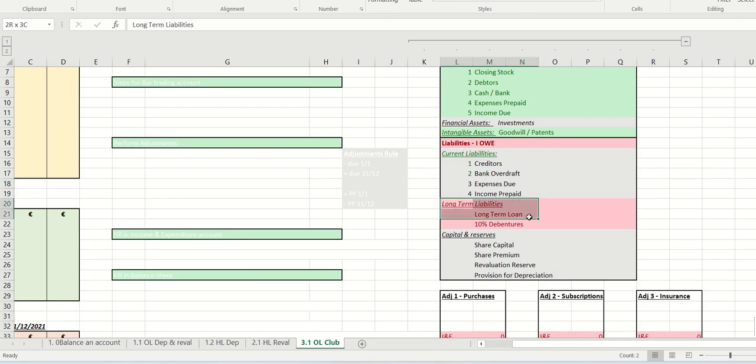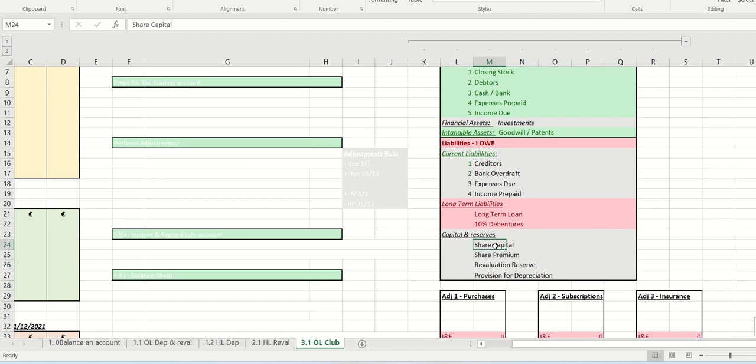Long-term liabilities, things that I owe, but I'm going to pay them back in more than 1 year. So a long-term loan or a debenture, which is also a loan, a fixed interest loan. So they would be our 2 long-term liabilities. Then capital and reserves, which is the money that the club owes the people that invested in it.